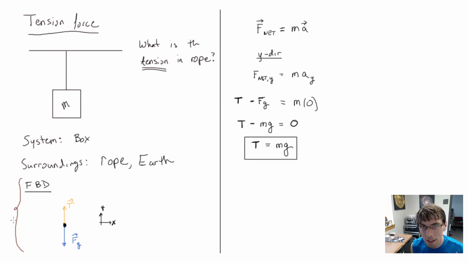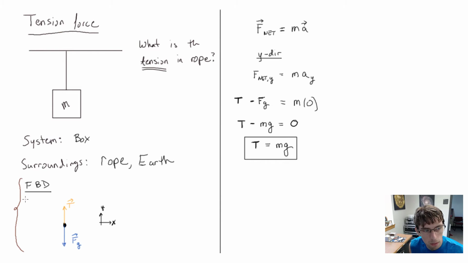The only thing that's different is that in the previous problem, we had the normal force going upwards. In this problem, we have the tension force going upwards. Well, that's just a variable, right? That's just some force. You could have called the tension force N if you really wanted to.